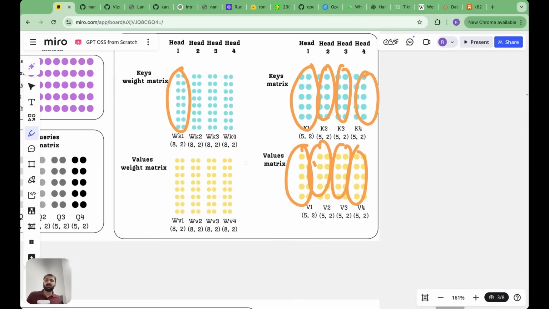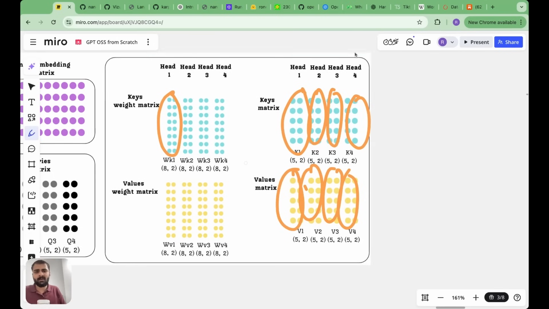So essentially, what if they share their parameters? Now that would naturally drastically reduce the memory requirement by 4 times, right? Because we don't have to save the parameters separately for each head. We just have to store it for one head and use the same across the heads. So naturally that would bring down the memory footprint by an order of magnitude.